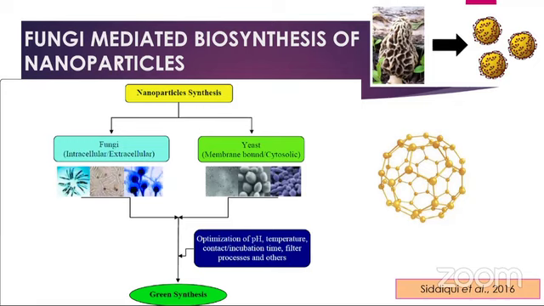It is proposed that the metal ions in the solution are attracted towards the fungal mycelia. The ions have a positive charge and the cell wall a slightly negative charge, due to which the enzymes and amino groups of proteins act, followed by reduction. So this is the mechanism of biosynthesis of nanoparticles.